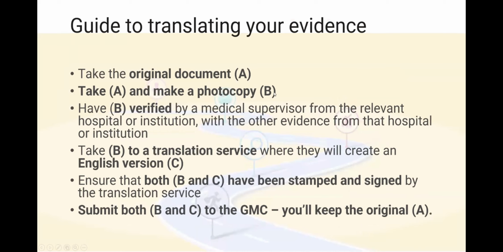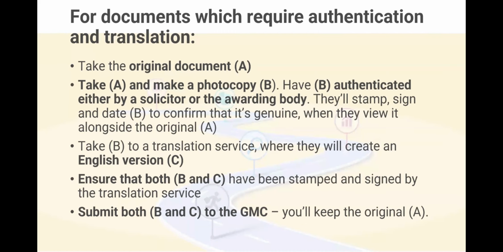Take the original document and photocopy, and you can just get the copy verified, and then go for the translation services, and again stamp, sign, and submit both. So not the original, but submit the verified photocopy and the translated English version.